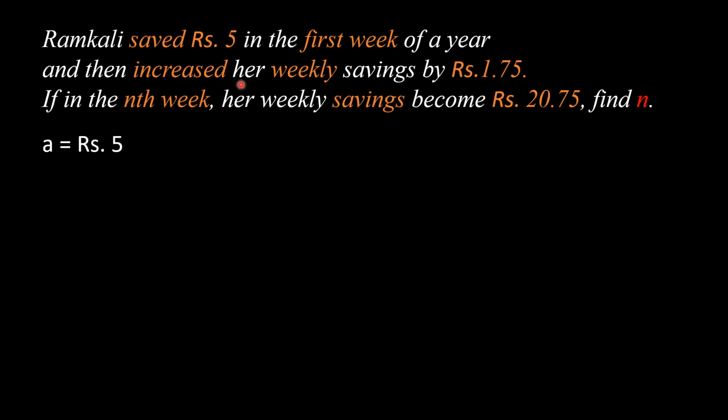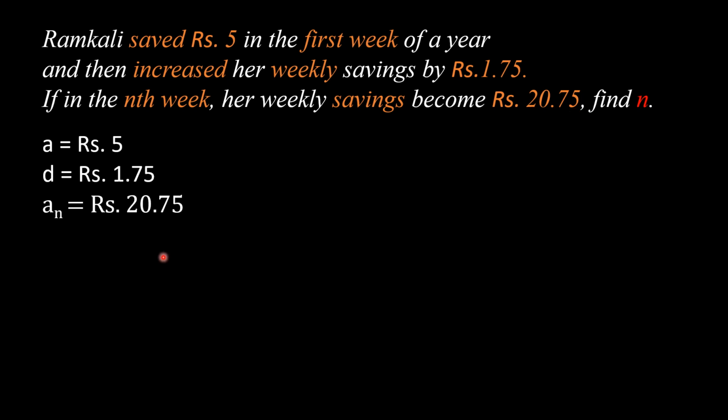Then increased her weekly savings by rupees 1.75, which means the common difference in this case will be d equals rupees 1.75. In the nth week, that means in the last week, her weekly savings become rupees 20.75, which means the nth term of this AP will be rupees 20.75. And we have to find n, which means in which week her savings will become rupees 20.75.